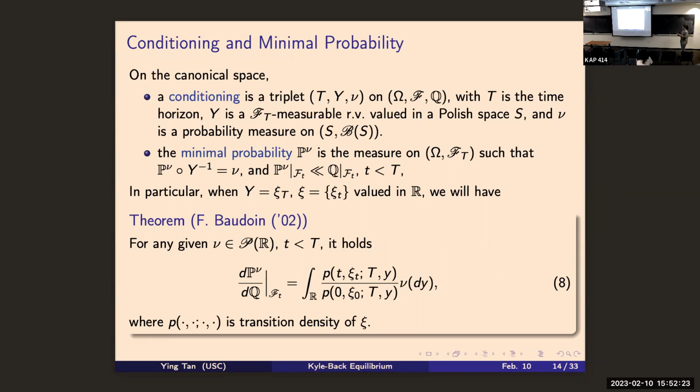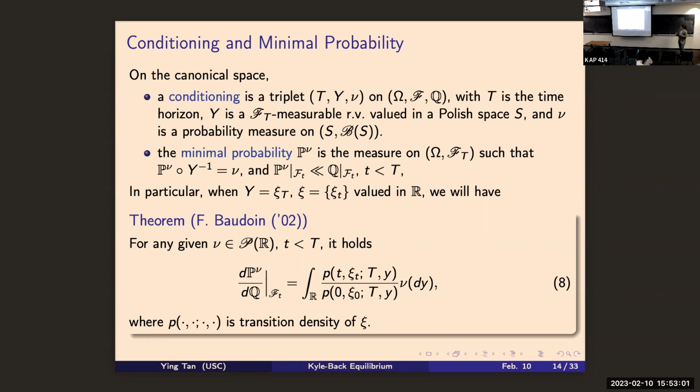So nu is the distribution of the random variable Y. The corresponding minimal probability P^nu is the probability under which the random variable Y indeed has the distribution nu. So the idea is that you give me a random variable and the distribution you want it to have, and I can construct a probability under which your random variable has that distribution. Of course, under some assumptions, but this is the main idea of the conditioning and the minimal probability.